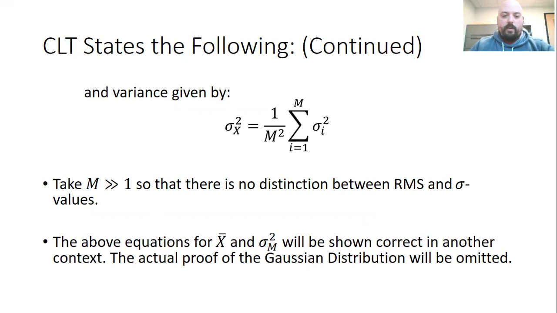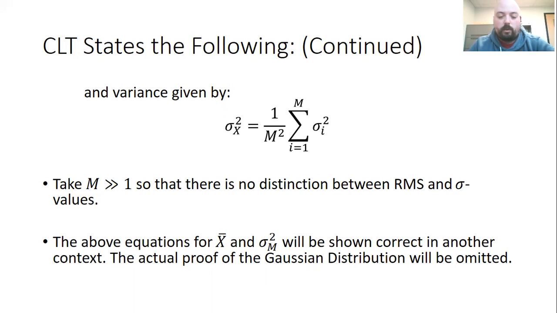And the variance of this capital X is given by sigma squared equal to 1 over m squared, summing over all of the individual errors squared. Taking m to be much greater than 1 so that there's no distinction between RMS values and the sigmas themselves.